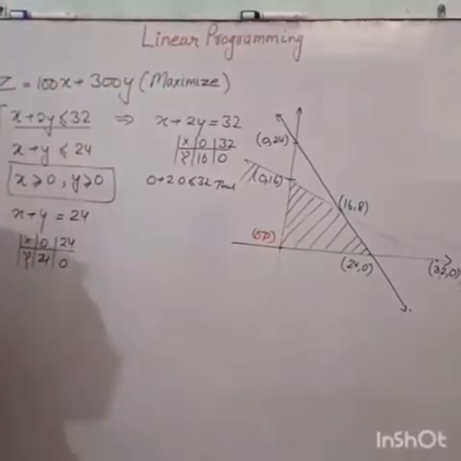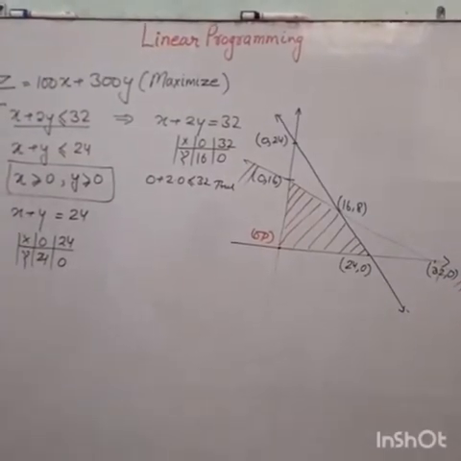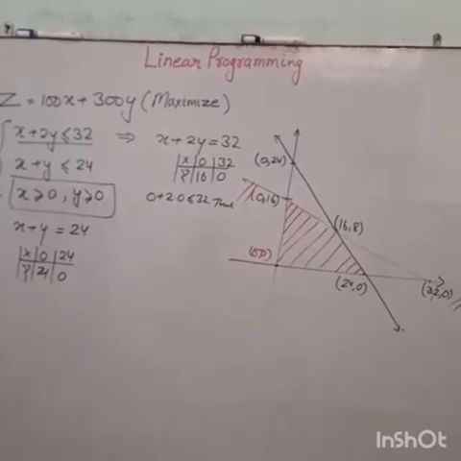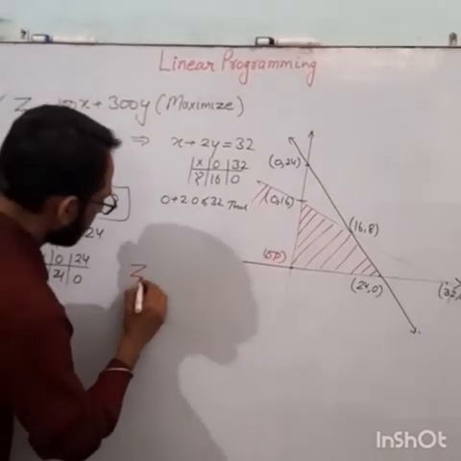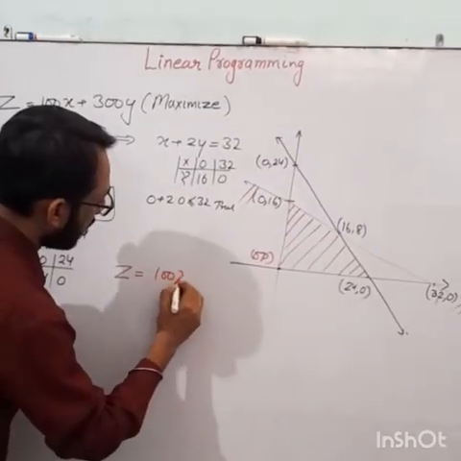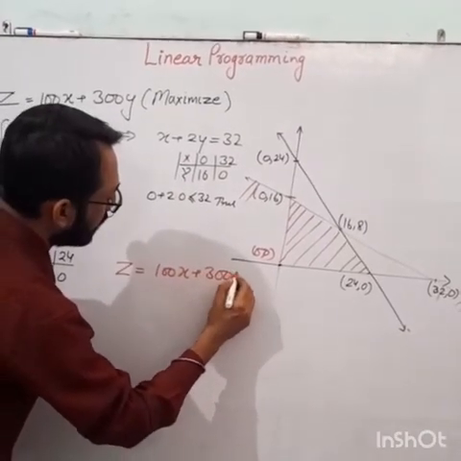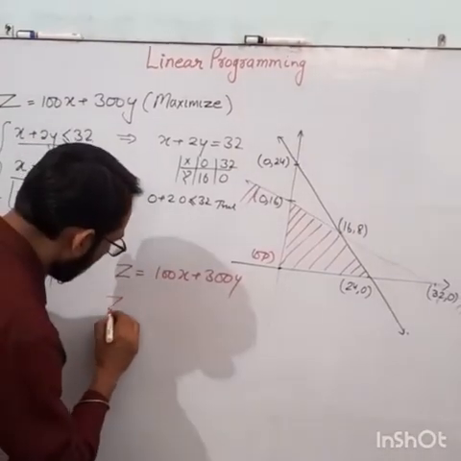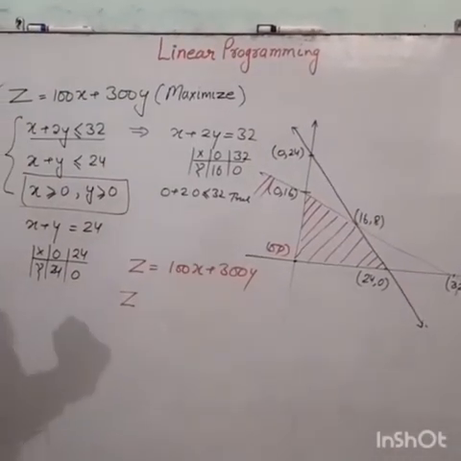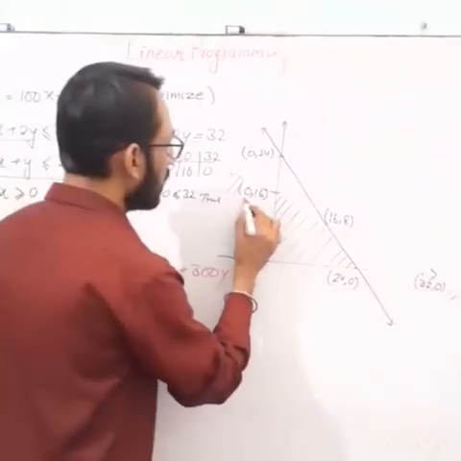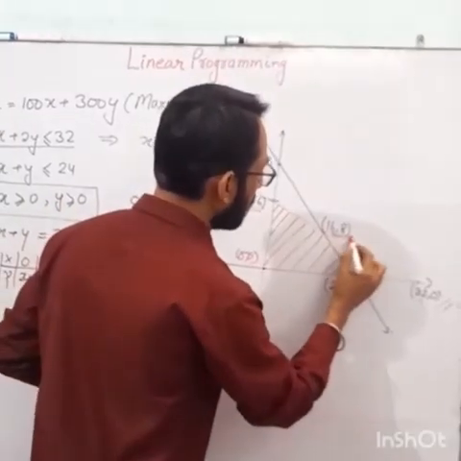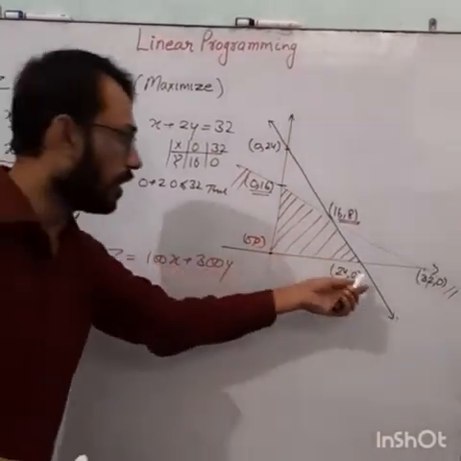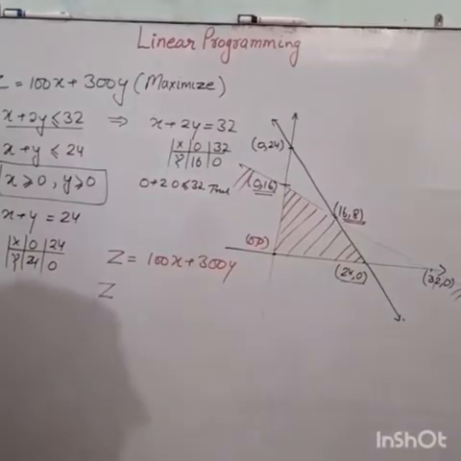So now we need to find the maximum value for the above given objective function. We have been given z equals 100x plus 300y. So we will be calculating the value of z at the corner points, where the lines are meeting each other or the lines are cutting the axis.